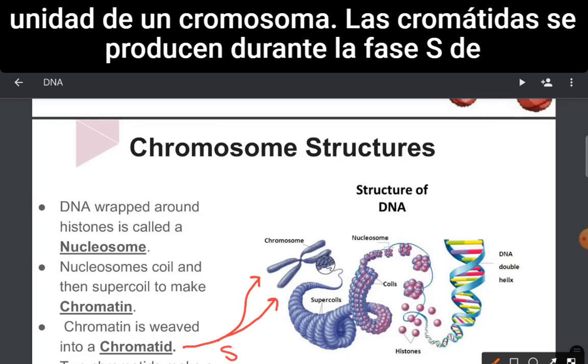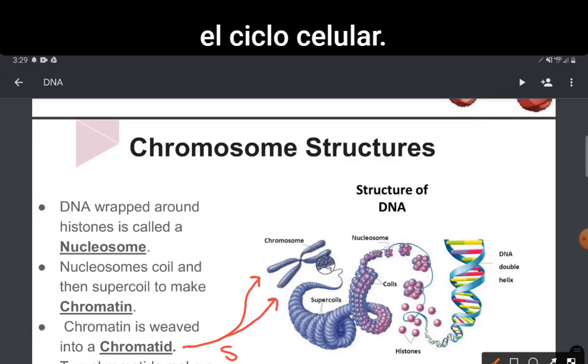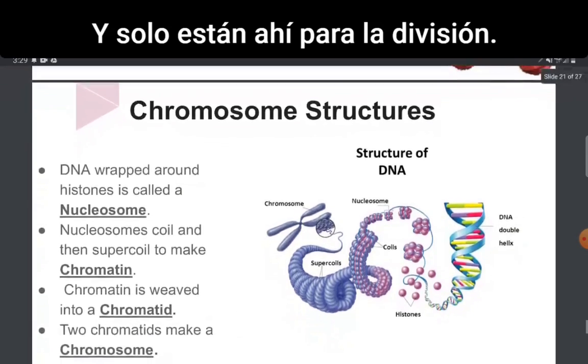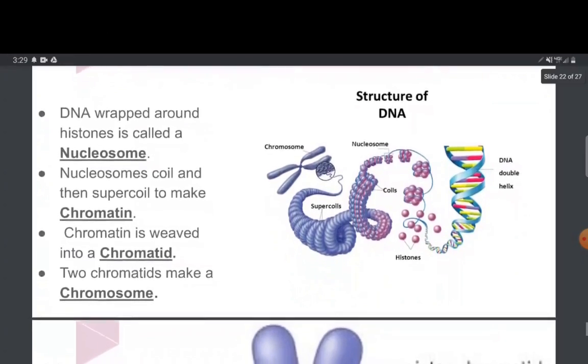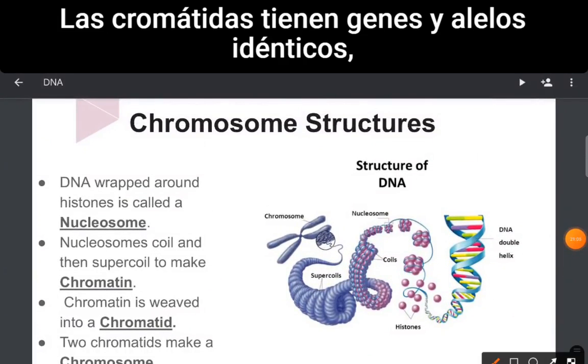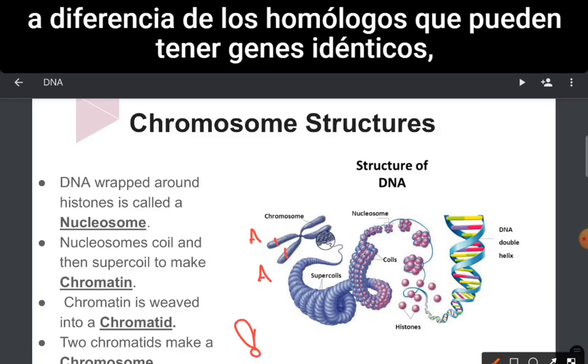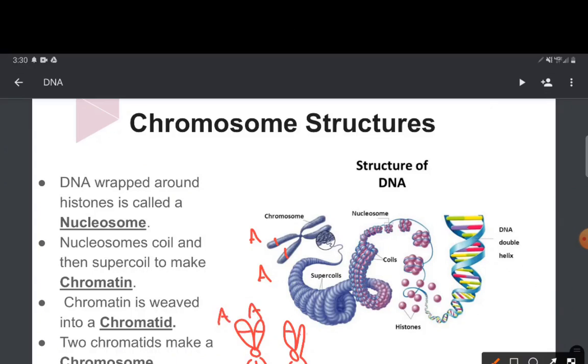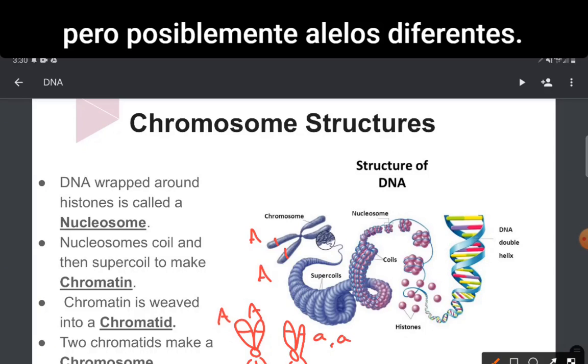Chromatids are made during S phase of the cell cycle and are only there for division. Chromatids have identical genes and alleles, unlike homologs, which may have identical genes but possibly different alleles.